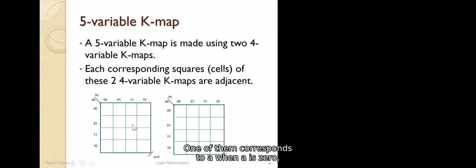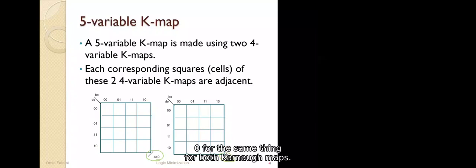Okay. One of them corresponds to when A is 0, the other one corresponds to when A is 1. The rest is the same. For example, here you have BC 00 01 11 10 and 00 01 11 10 for DE.